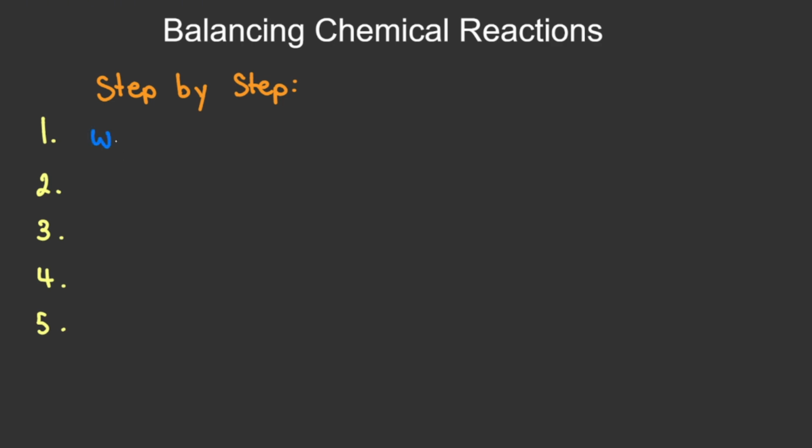So step 1 is write the unbalanced equation. Okay. Step 2 is going to be count the atoms of each element on both sides.